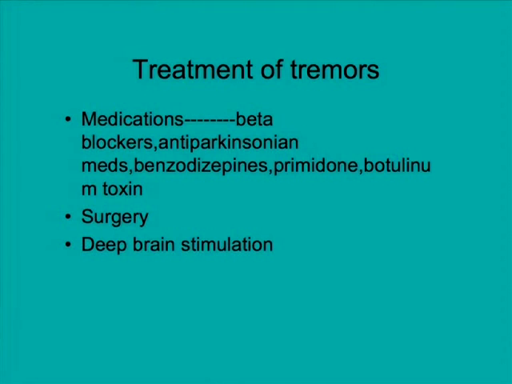Botulinum toxin is used for dystonias only, to relieve the spasm in the muscles. Surgery has been used extensively for essential tremors. A lot of centers have done surgery for patients, especially making a lesion or treating the thalamus, which is a part of the brain, and relieving the patient of tremors.